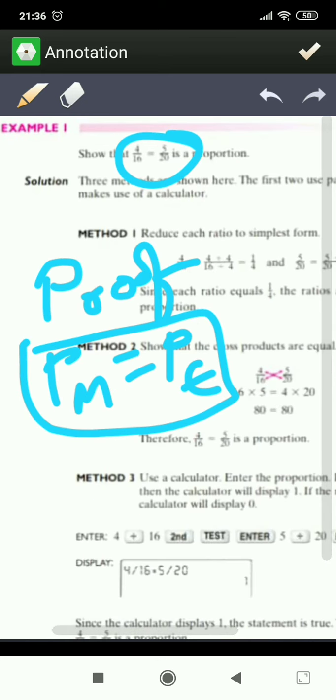Here also they gave the same process. 4 twenties, 5 sixteens, how much? 80 is equivalent to 80, we got. So therefore these two fractions or ratios are in proportion. Next.